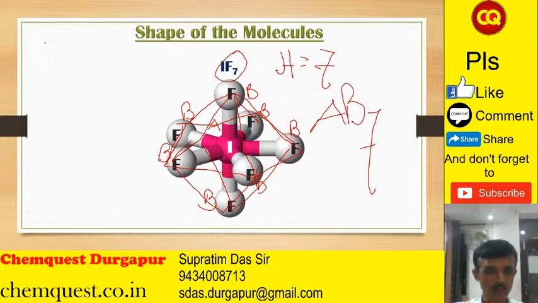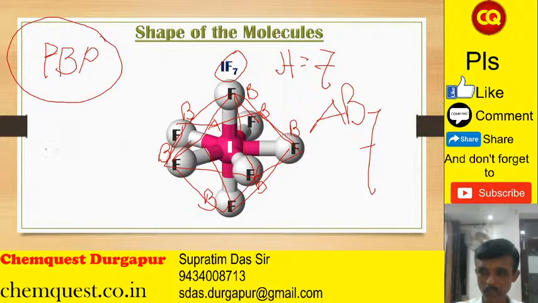Then the common name is PBP, pentagonal bipyramidal. Pentagonal is the base part and bipyramid is one pyramid above and one pyramid below.